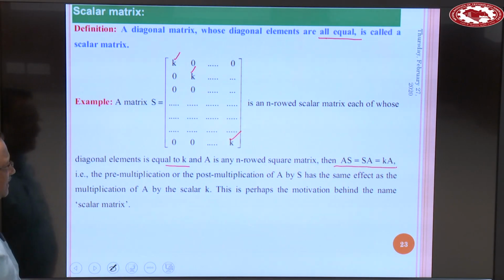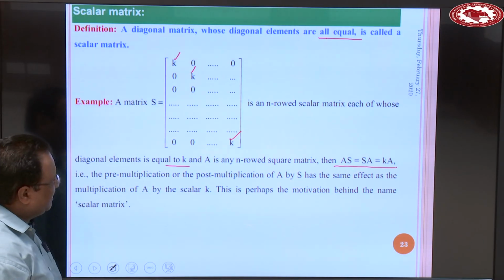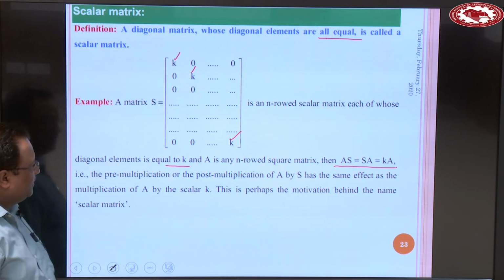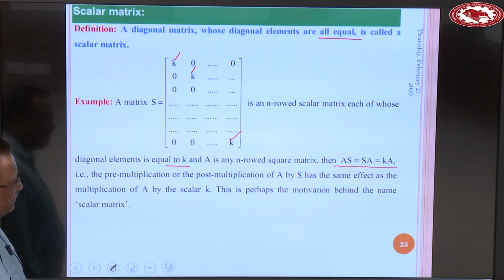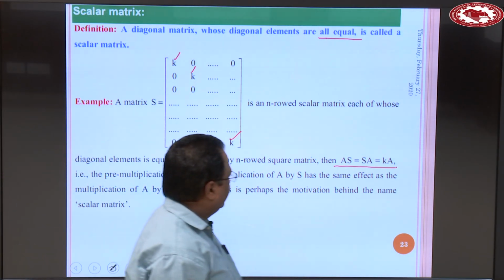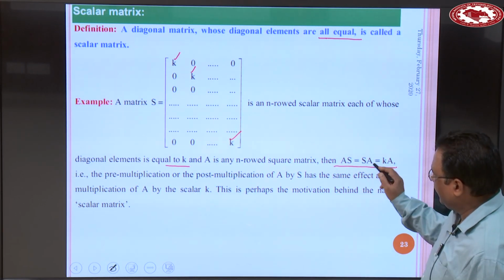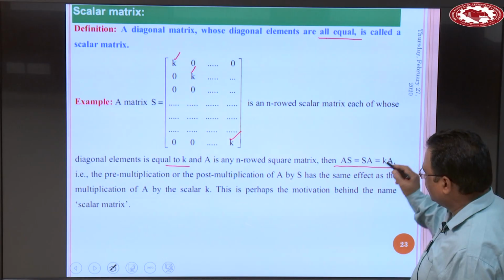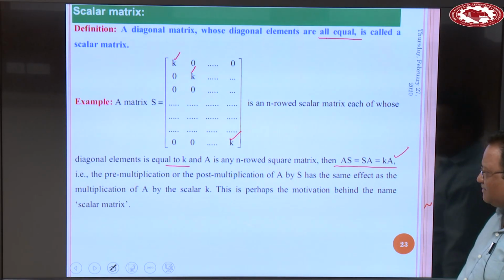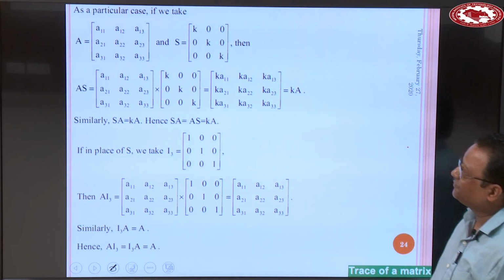That is, the pre-multiplication or post-multiplication of A by S has the same effect as multiplication of A by the scalar k. This is perhaps the motivation behind the name scalar matrix.